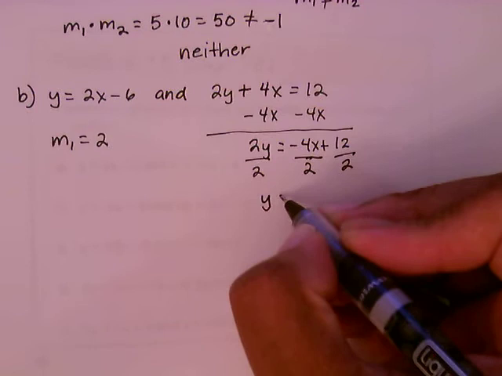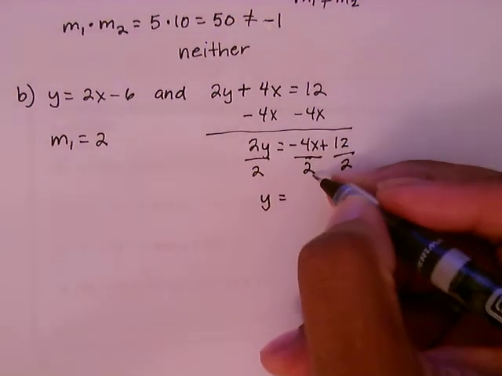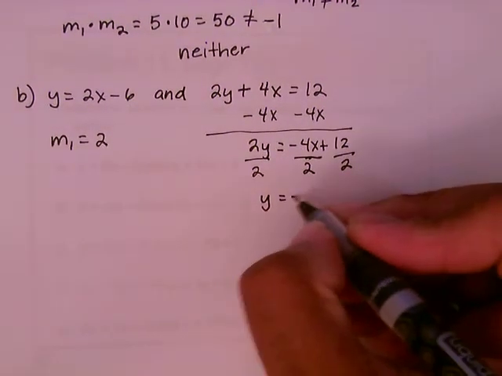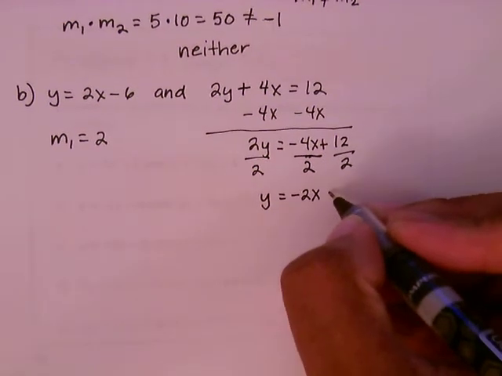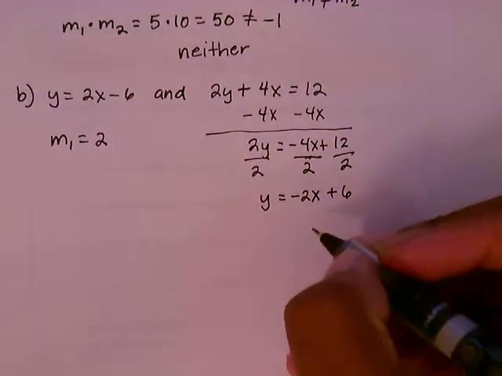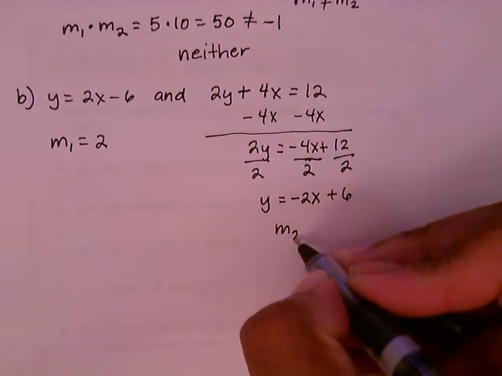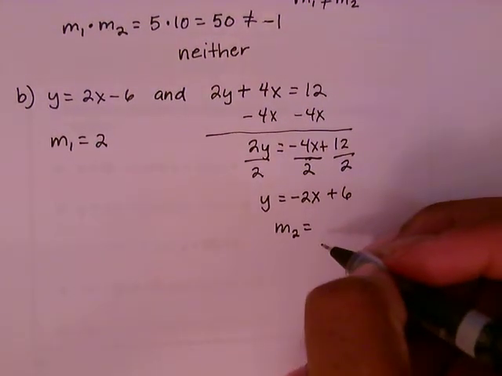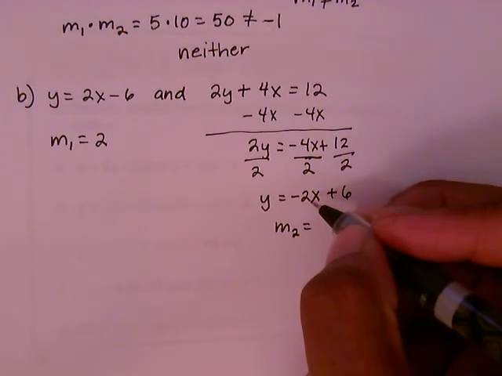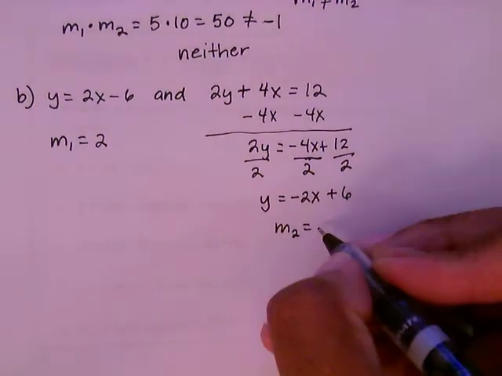So here I'm going to have y is equal to negative 2x plus 6. So now I'm going to label this as m2, the slope of the second equation. That's negative 2.